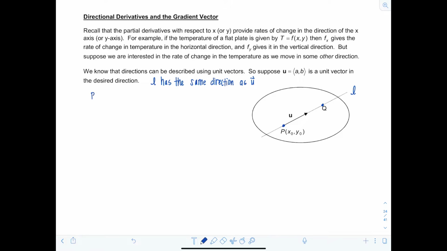Notice here's PQ, that's a vector. It's a scalar multiple of the unit vector u, right? They're parallel. They have the same direction, just PQ may be a different length. So I'll say h times u is how I can express PQ, where h is a scalar.